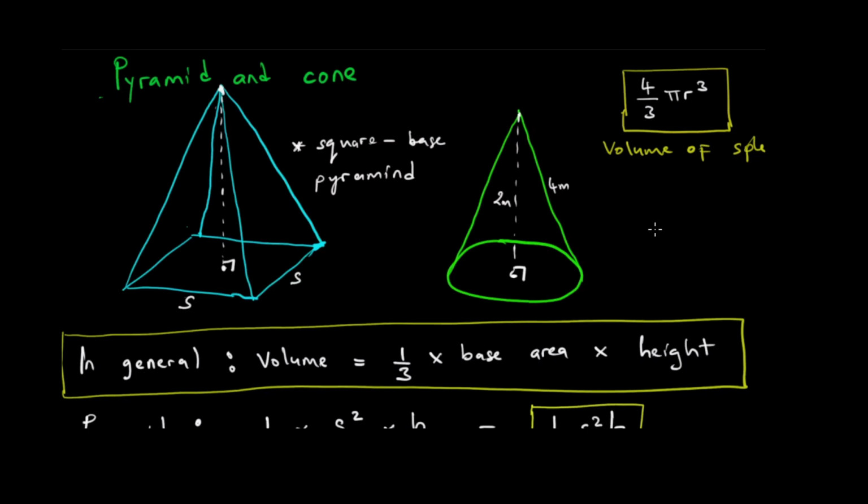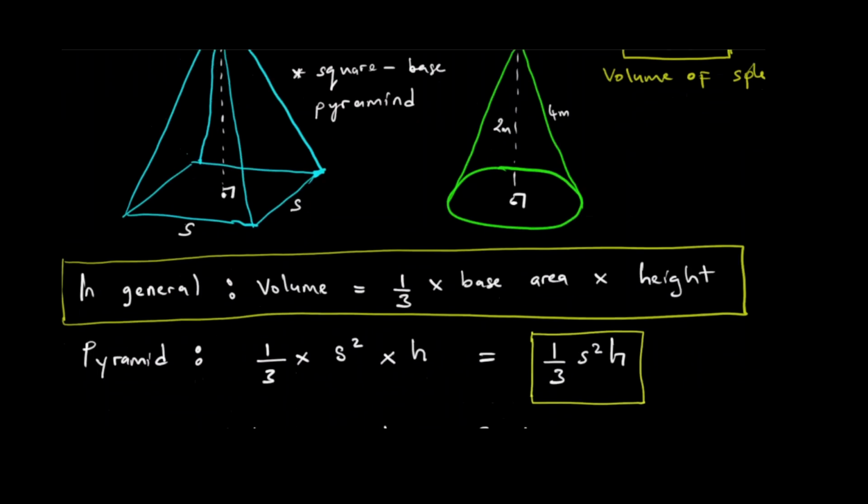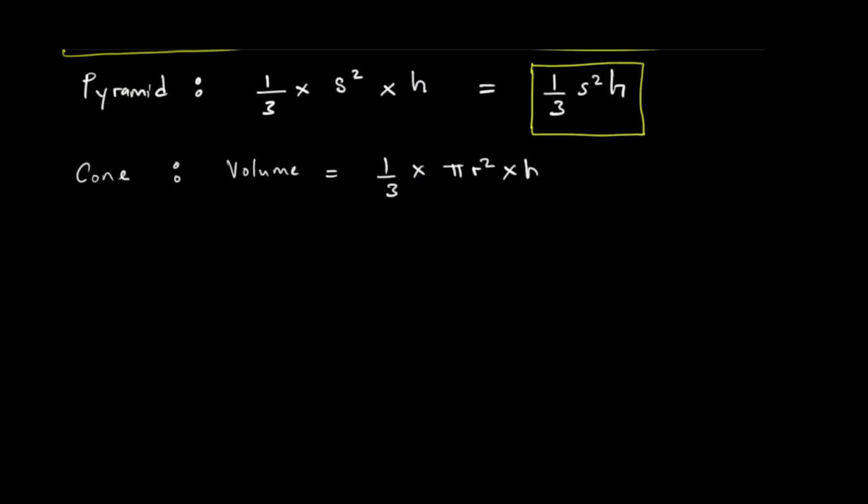Even for a triangle, it's half base times perpendicular height. So please don't be tricked like that. So if we simplify here, it's basically going to be 1/3 pi r squared h, like that. So that is what it's going to be.